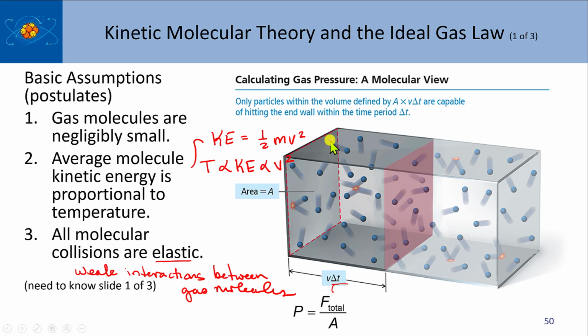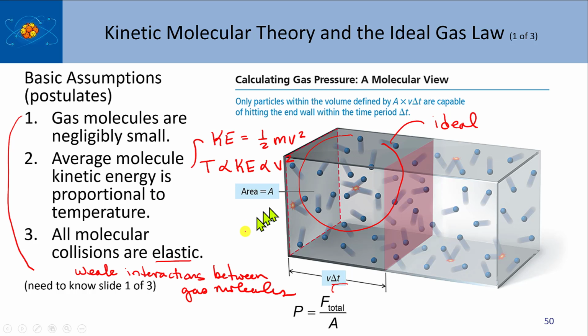Now, when we describe a gas that behaves in this fashion with these postulates, we call this an ideal gas. And in fact, from these ideas, people are able to derive the ideal gas law from these principles of kinetic energy and temperature and such.